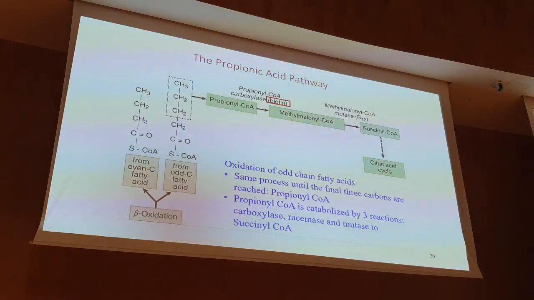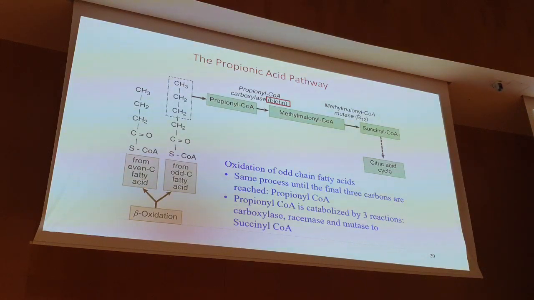Beta oxidation, you got your last 2, you convert the propionic acid into propionyl-CoA. Propionyl-CoA, you add a carbon dioxide, you turn it into methylmalonyl-CoA. Now that gives you 4 carbons, and you then convert the methylmalonyl-CoA into succinyl-CoA.